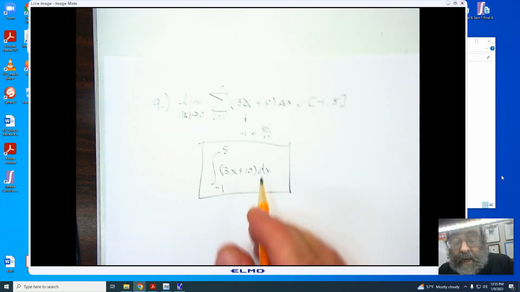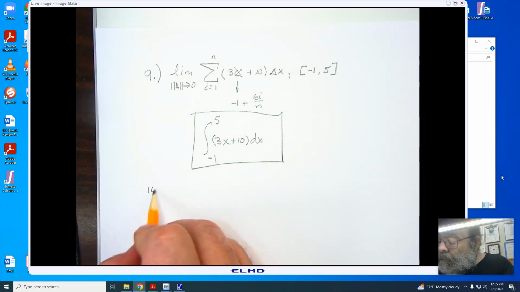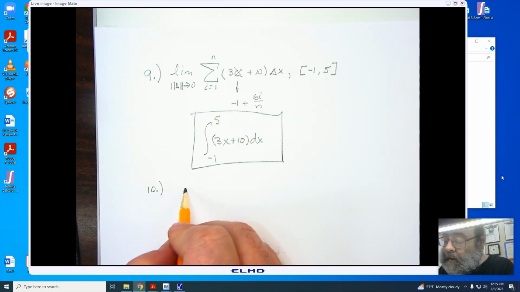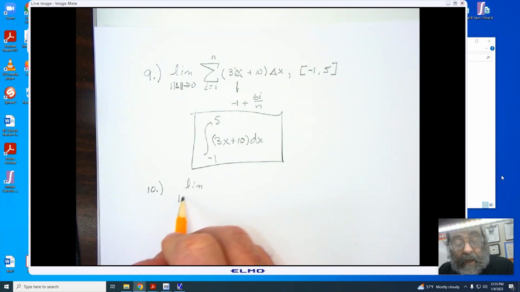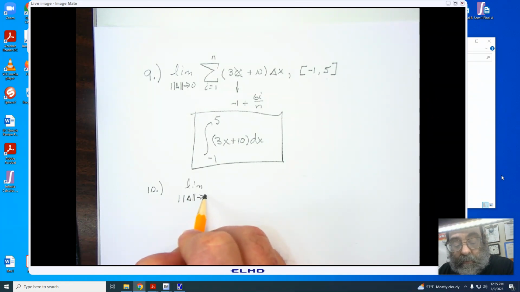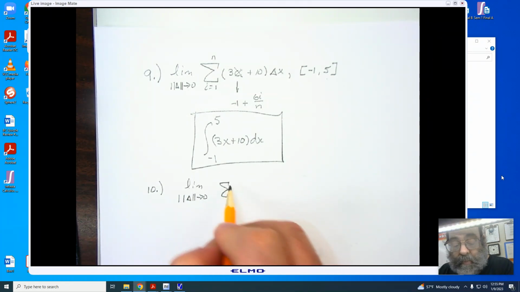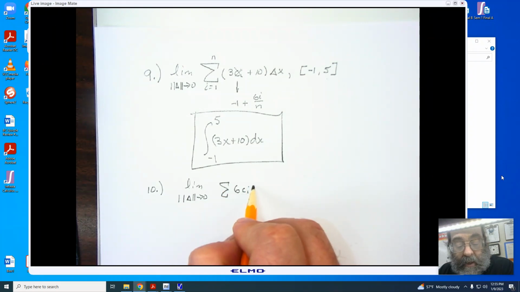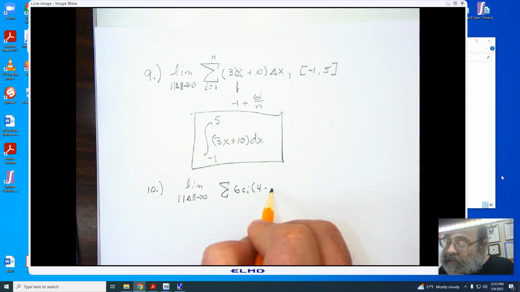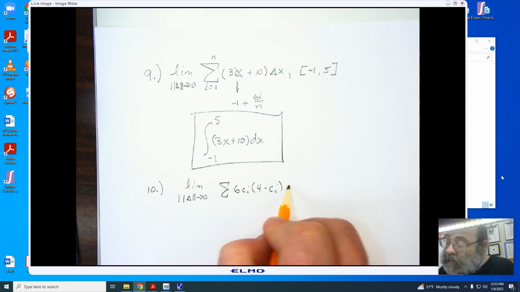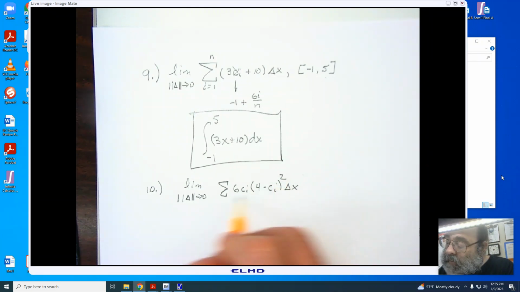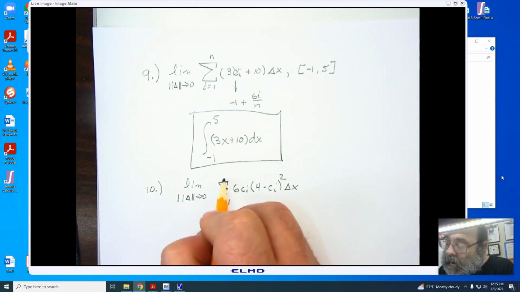Let's take a look at number 10. Number 10 has the limit as the norm approaches 0. And I have my summation of 6 c sub i times 4 minus c sub i, quantity squared, delta x, i equaling 1 to n.